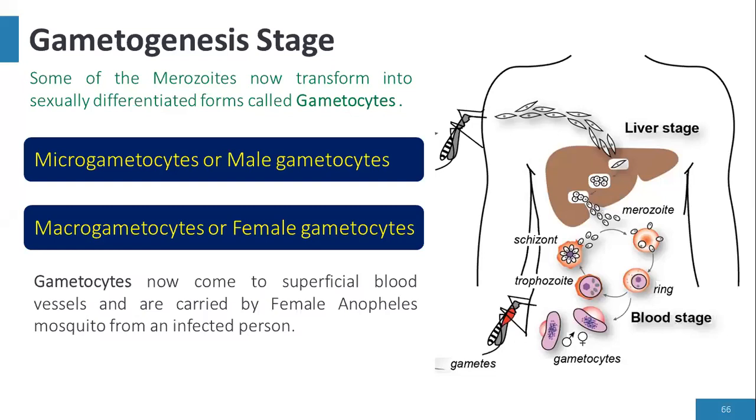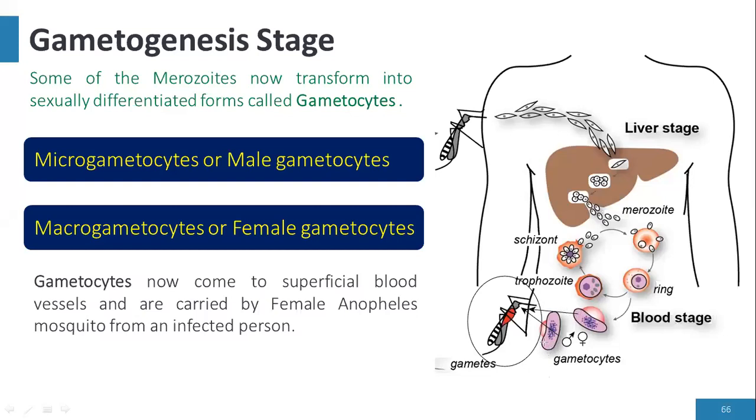And once they stay there, when that infected person is again bitten by a female Anopheles mosquito, these gametocytes will enter into the female Anopheles mosquito. Can you see?